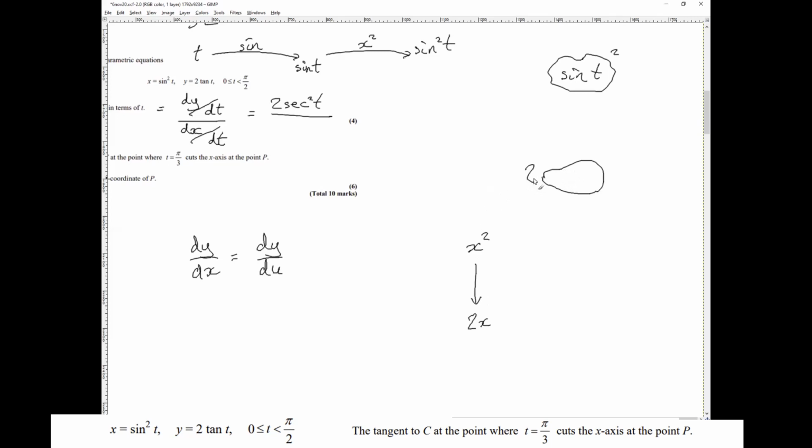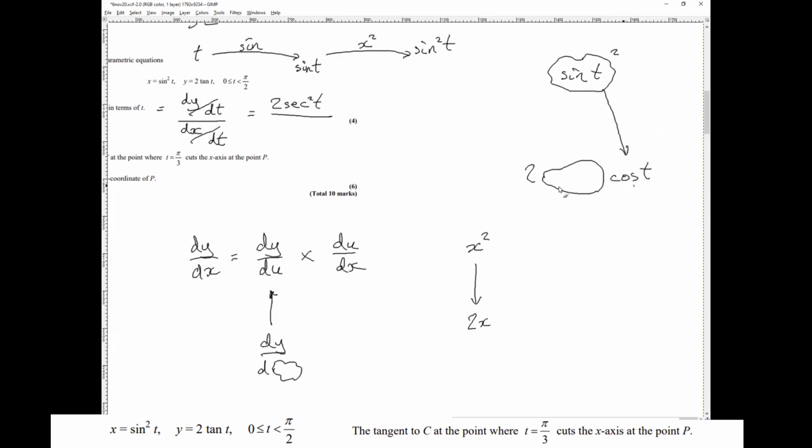Okay, but the chain rule says do that, differentiate with respect to blob, but then you must multiply by du dx, which means the derivative of the inner function, doesn't it? So here we're going to get what? What's the derivative of the inner function? Cos t.